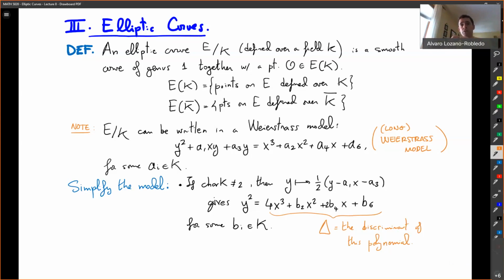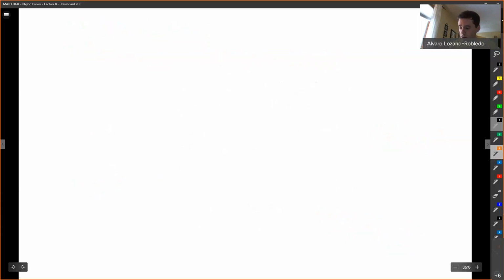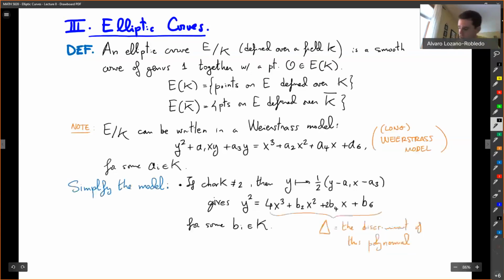The only possible non-smooth points are at the points where there is a double root, we will see. So I can remove the linear terms in y, and by the way, the characteristic cannot be 2 because I need to divide by 2.